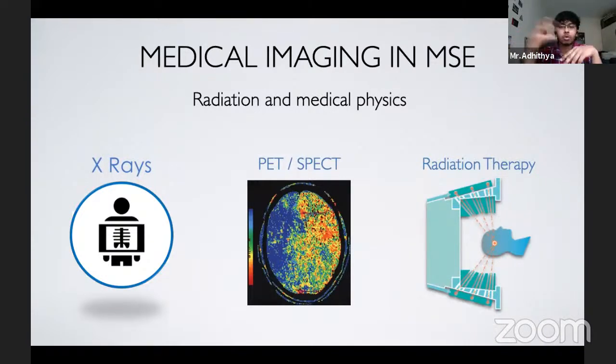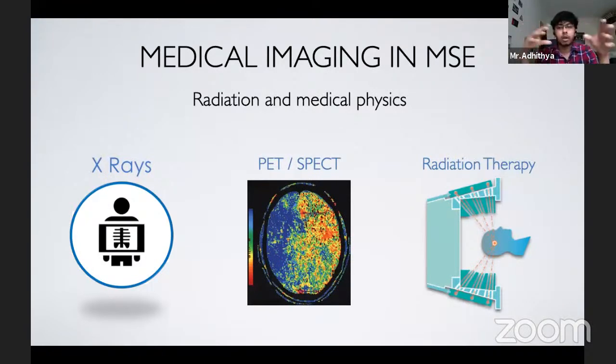Therefore, we get more radiation from this particular area of the tissue compared to other areas. These radiation levels are collected by the detector and converted into signals, and these signals are further converted into medical images, which you can use for diagnostics. That's what basically happens in PET and SPECT.